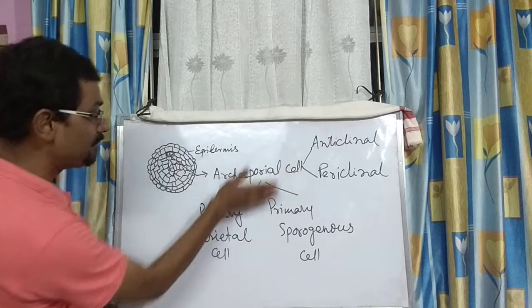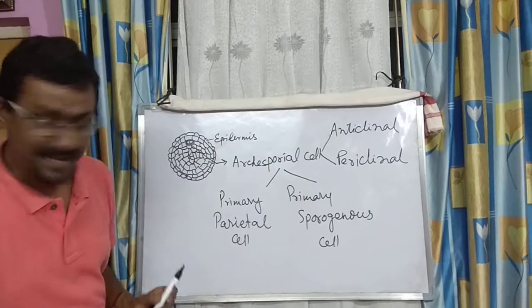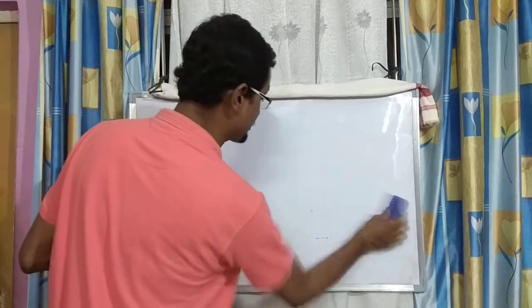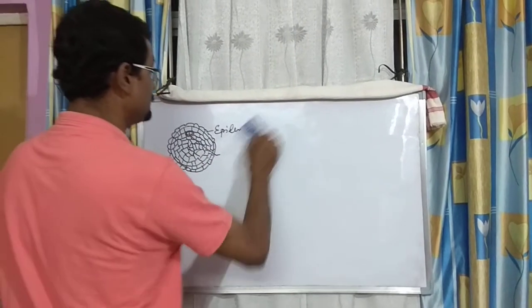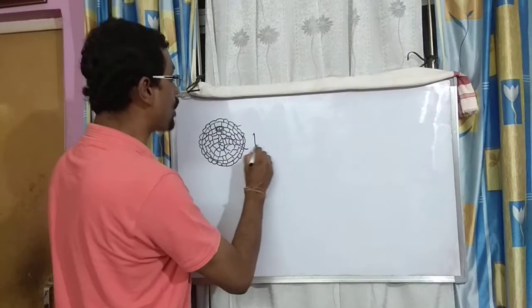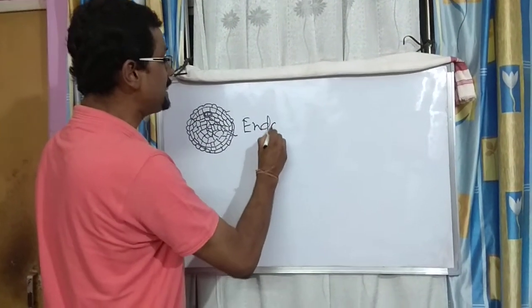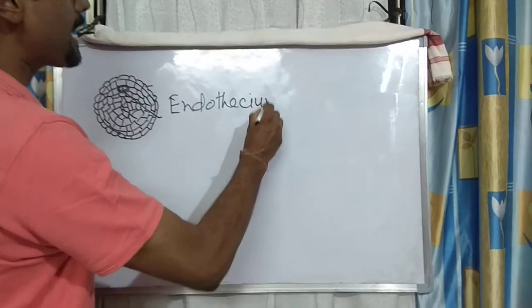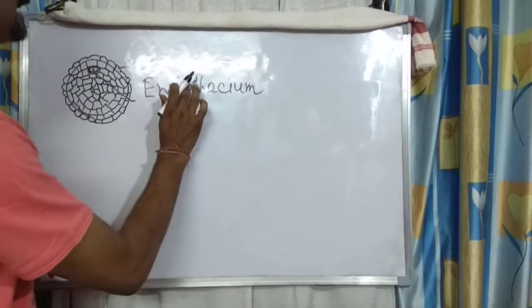So by the division of the archesporial cell, we find the occurrence of layers. These layers are called endothecium.